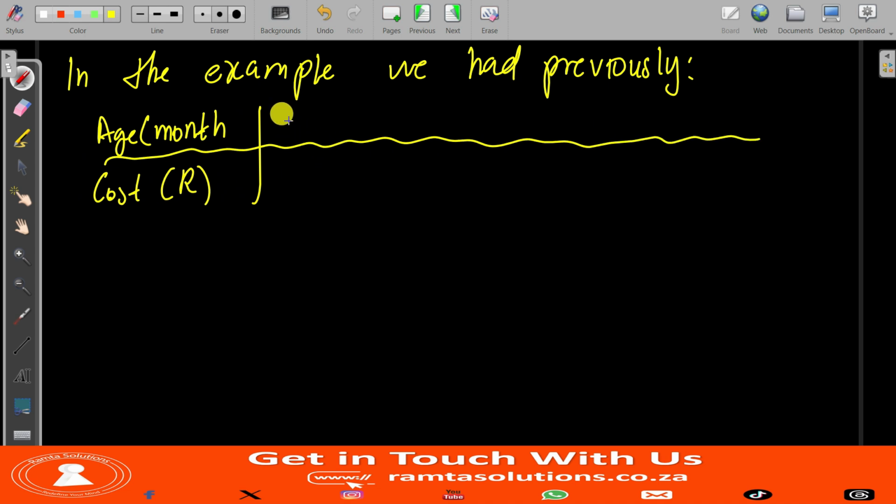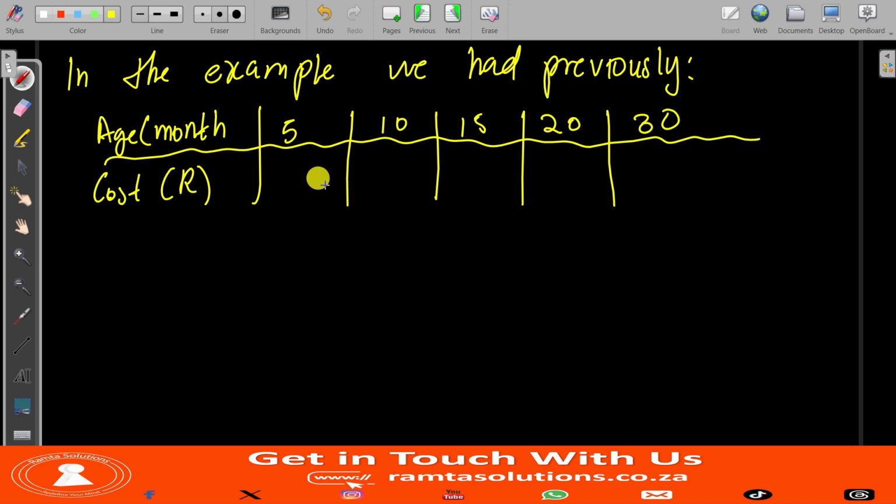So we said it's 5 months, 10 months, 15 months, then 20 and 30. Now I have to look for the costs. The costs, okay, I see them here. It's 90, 140, 250, 300, and 380. Right?